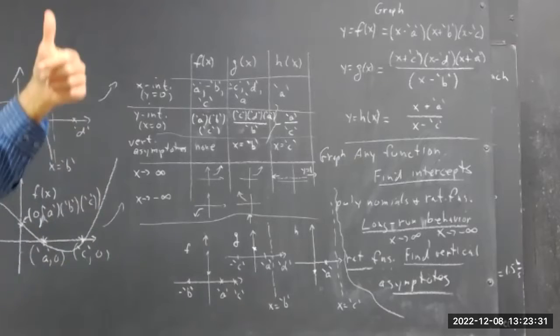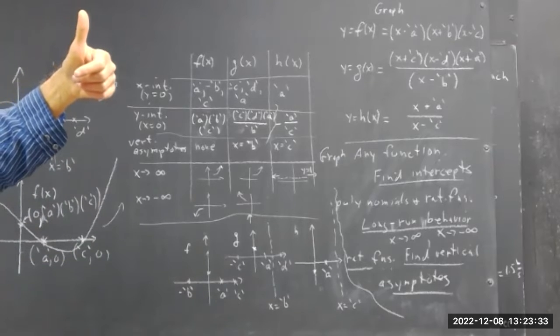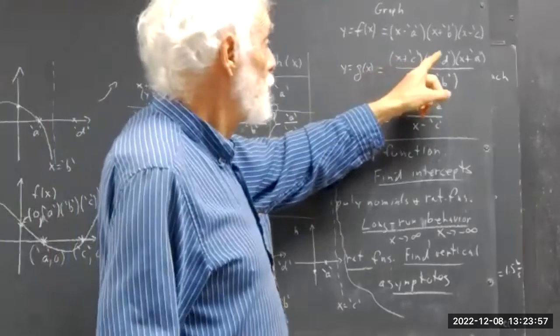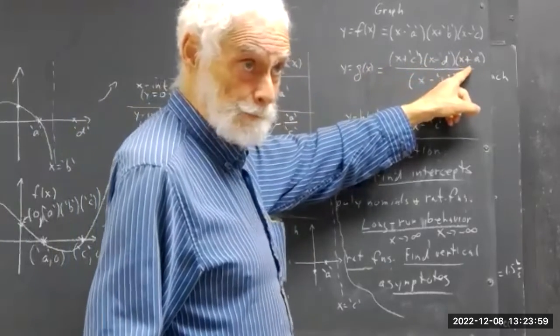Positive asymptote or negative is not really good terminology because it deals with both sides. Do you approach through negative numbers or positive numbers? It's got to be negative numbers, because if you go up through here and down through this zero, you can't get back up because there's no place to go through zero. Remember, this thing can only be zero if x is negative C or D or negative A.